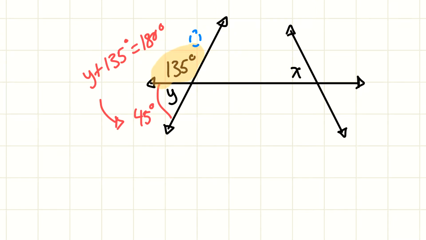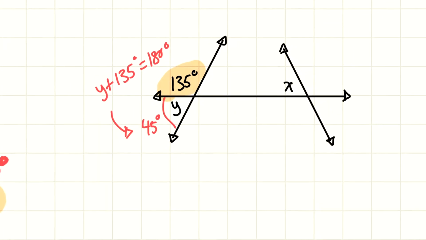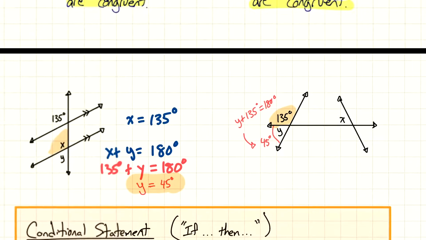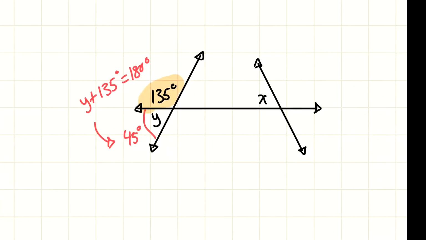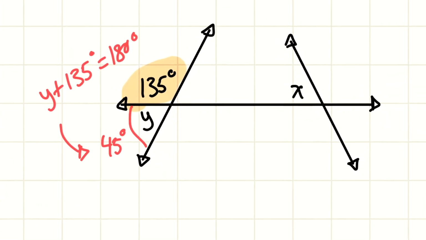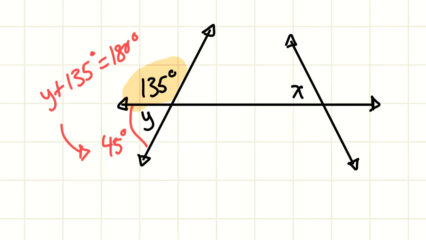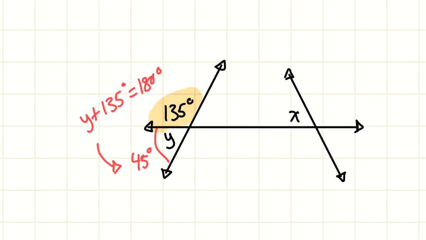Well, if you didn't notice, these two lines are not parallel. There's no symbols that say they're parallel, not like these. We saw it on this example. These are parallel. But on this example, we don't know if they're parallel or not. They could be. Maybe I just drew it poorly. But if we don't know for sure, then we could assume that maybe they're not.